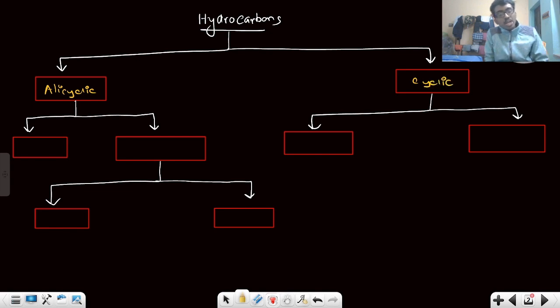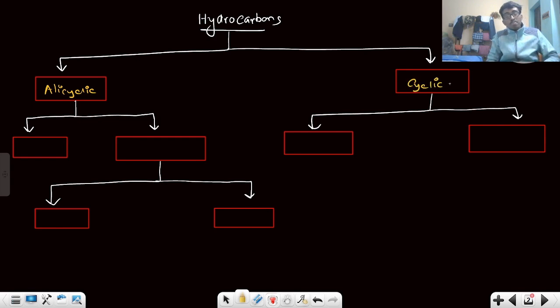Alicyclic means the first and the last carbon won't be connected. And in cyclic, the first carbon will be connected with the last carbon. The moment the first carbon touches the last carbon, it becomes a cyclic compound. Clear? So one is alicyclic, another one is a cyclic compound.